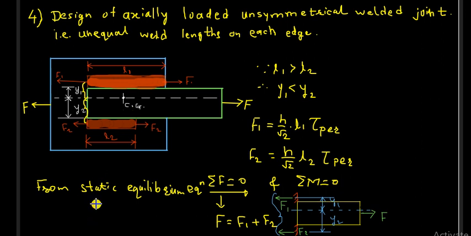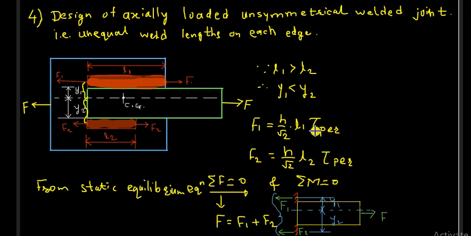The first equation is summation F equal to 0 and the second is summation M equal to 0. From summation F equal to 0 we will get the values for F1 and F2 along with F. If any one of the values is unknown, we can find that particular value by using this formula.